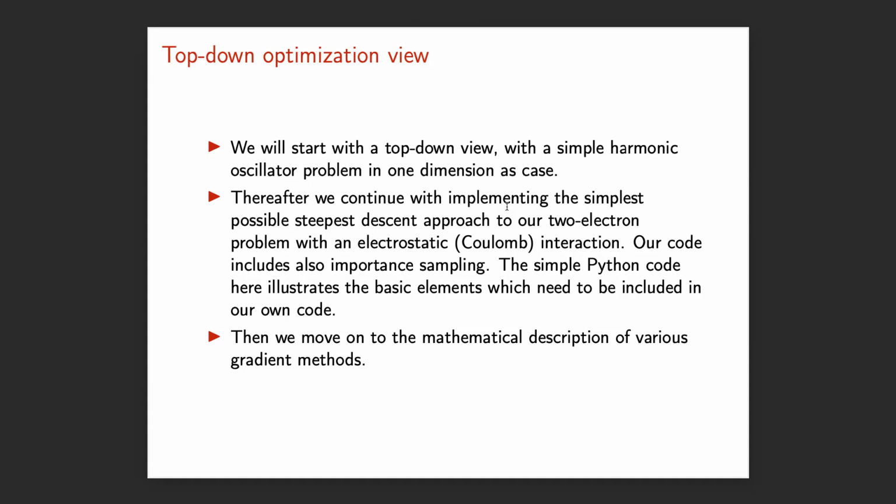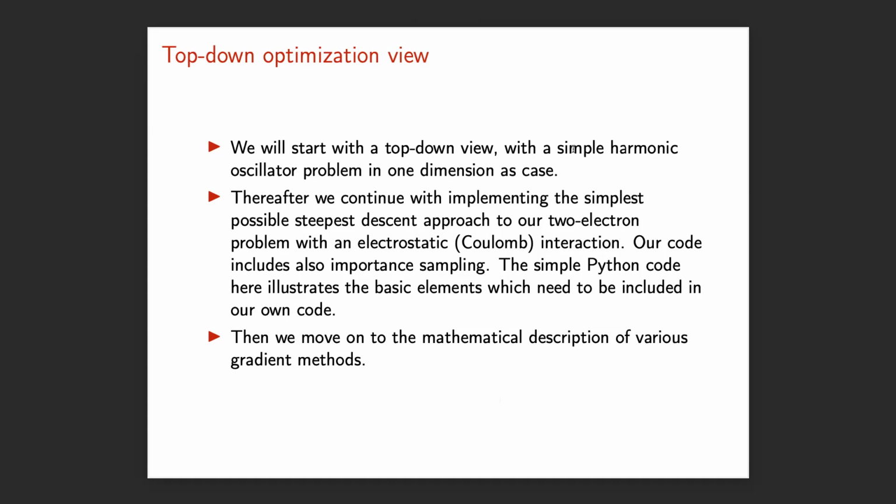So we did brute force Monte Carlo sampling. We have importance sampling. And now we need to deal with the optimization part so that we don't waste CPU cycles on variational parameters which are far away from the minimum. So that's the overarching goal which we want to implement.